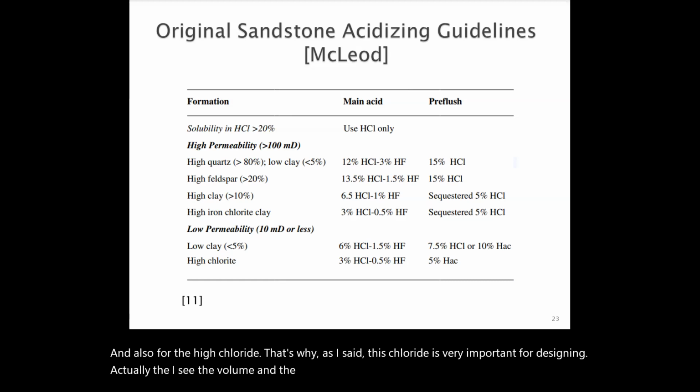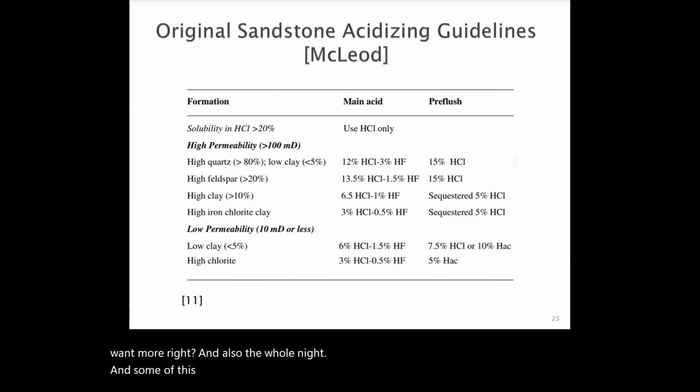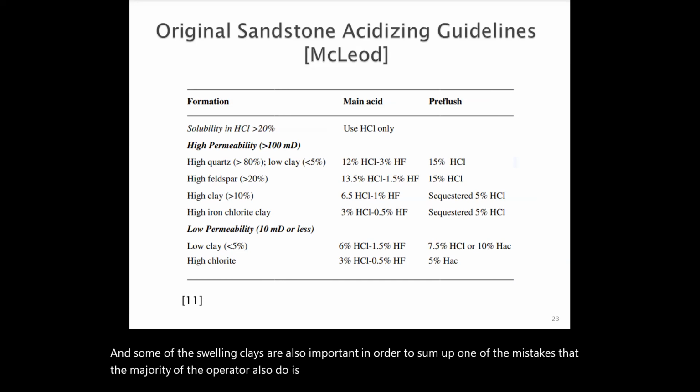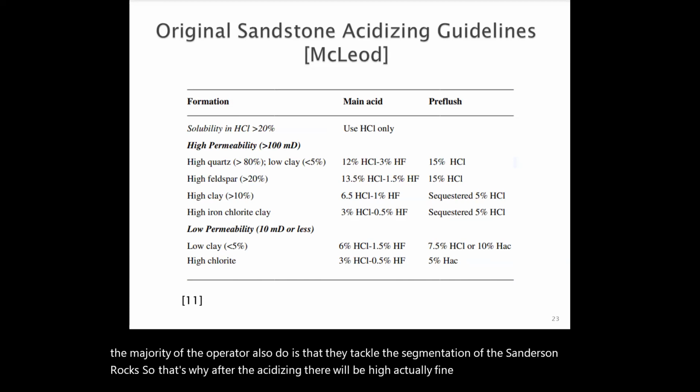In addition to the chlorite, halite and monzonite, and also the kaolinite, and some of the swelling clays are also important. One of the mistakes that the majority of operators make is that they attack the cementation of the sandstone rock. That's why after the acidizing, there will be high fines and sand production in that well.